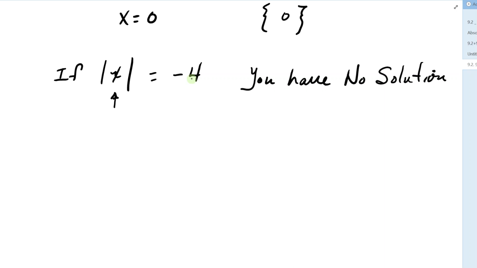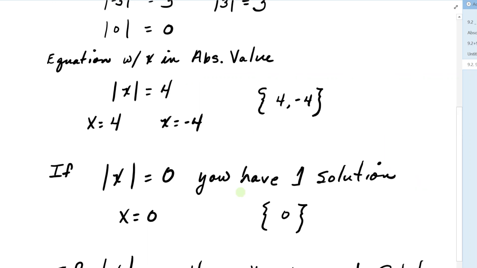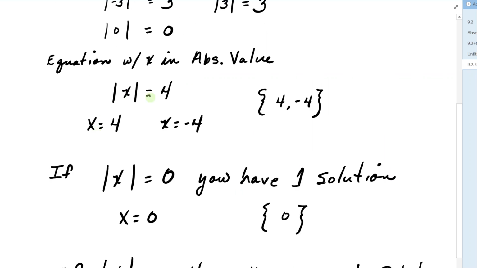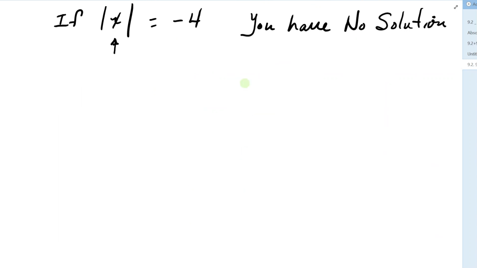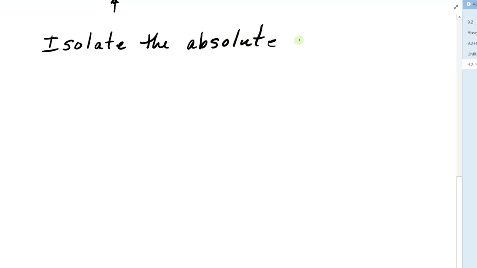So let's take a look at our problems in the homework. Before you use this concept of looking at the positive and the negative, and you can certainly do it in any order you want, remember, the first step is to isolate the absolute value.